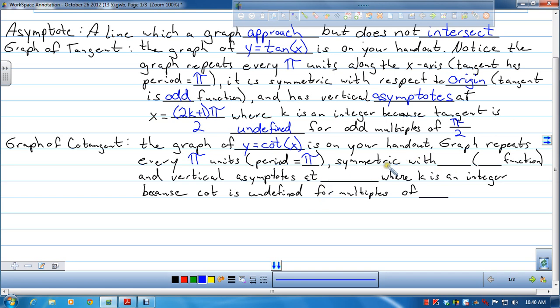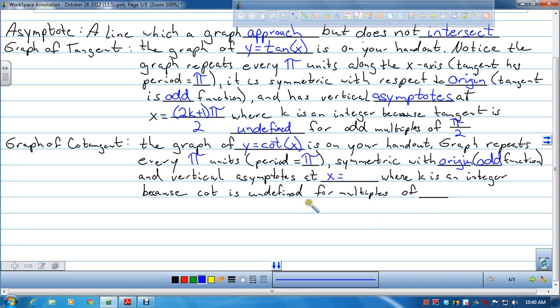This one is also symmetric with the origin, which makes it an odd function, like its reciprocal tangent. However, the vertical asymptotes are now at x equals, and the reason it's x equals is because they are vertical lines, right?